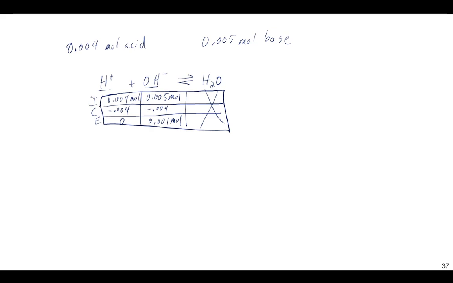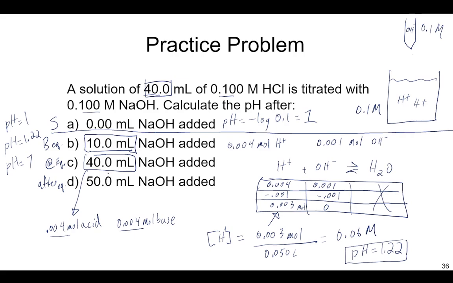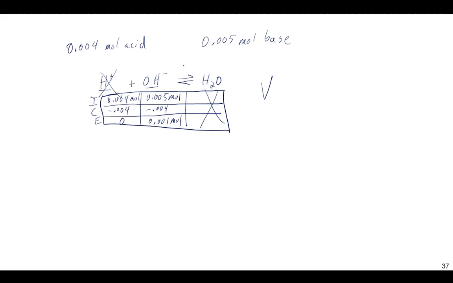So I'm after the equivalence point, I have neutralized all the acid, and I have some base left. So I'm expecting a high pH here. My new volume is going to be 50 mils plus the original 40 mils of acid, so 90 mils, or 0.090 liters.